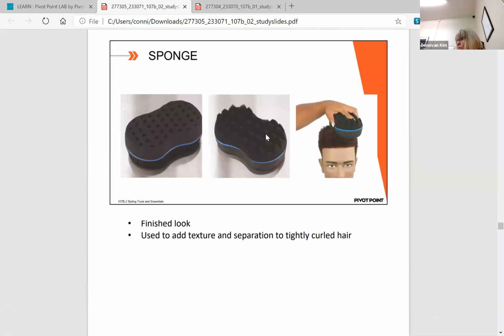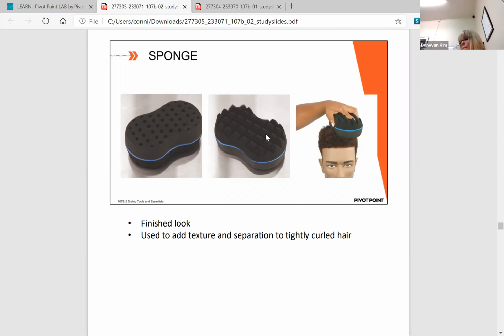So the sponge will add more texture and separation, where the racket is going to basically spread it out and give it a wider look than the sponge. With the sponge, you can hand twist them separately for better texture.